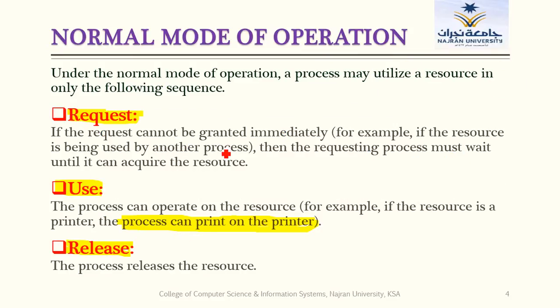In the normal mode of operation, if a process needs a resource, it requests the resource, and if the resource is available it is immediately given to that process. If it is not available, that process must wait until the resource becomes free. When it gets the resource it uses it, and when it finishes its work it must release the resource. So these are the three steps: request, use and release.